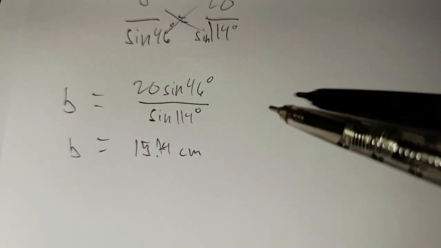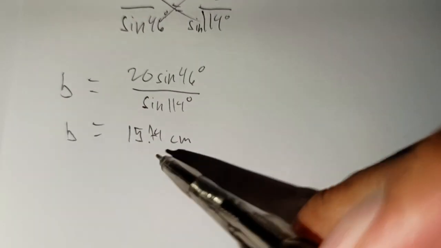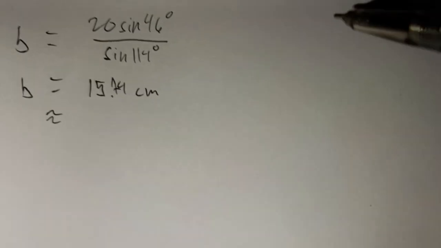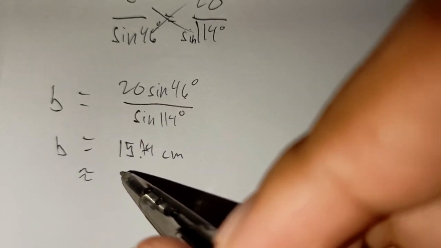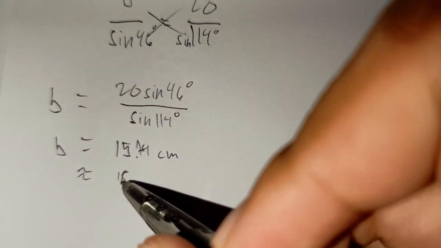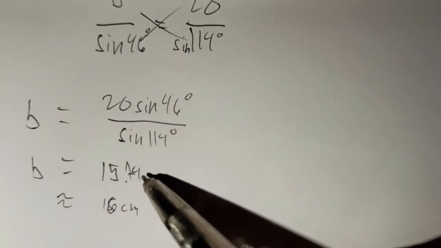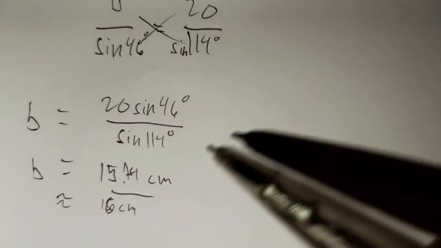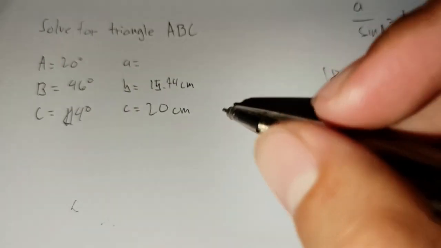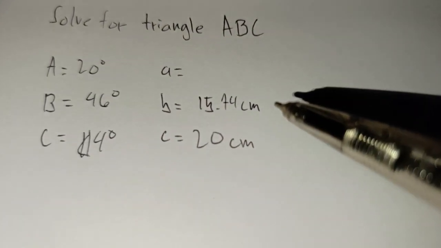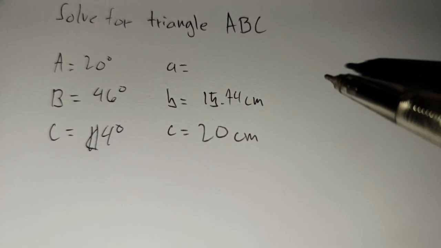We have to note that it's okay to use approximation, which would become 16 centimeters. But we're gonna use this one because it's more convenient for me. And now we have the answer: B equals 15.74 centimeters.